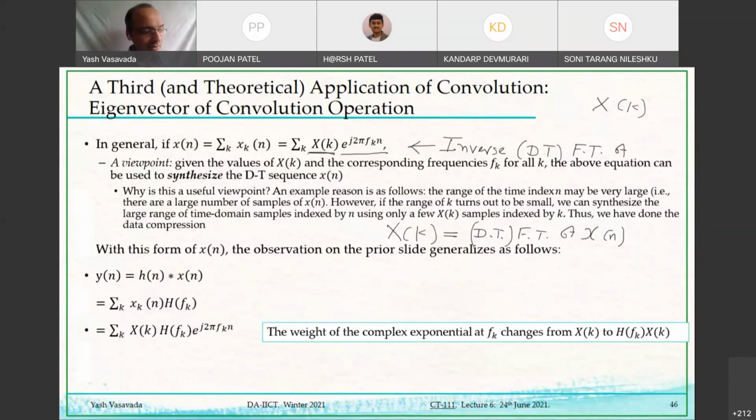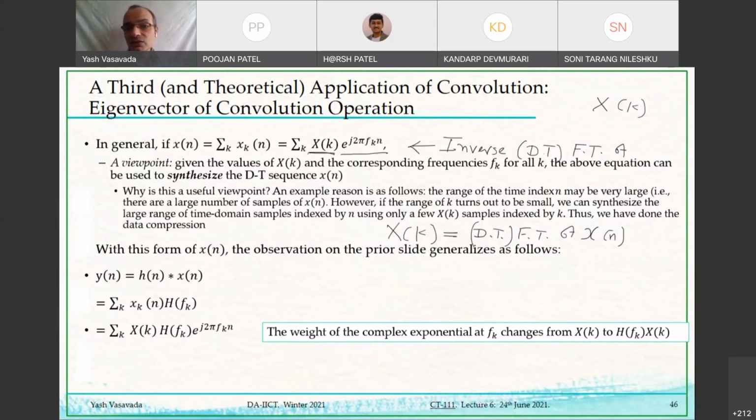If we agree to accept that I can synthesize this x of n, the time domain sequence, in this manner where I have to use the weighting coefficients X of k, then I have to also accept that if I am now given the actual time domain sequence x of n, and I try to analyze what are the weights of different complex exponentials that make up this x of n, I will obviously get capital X of k back.